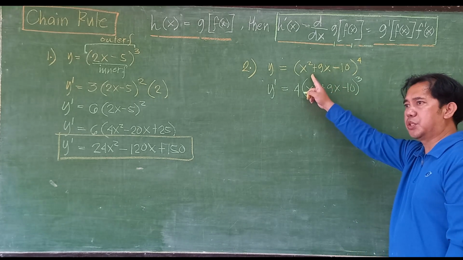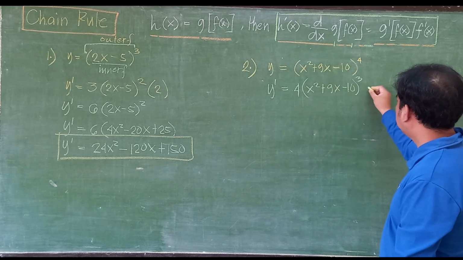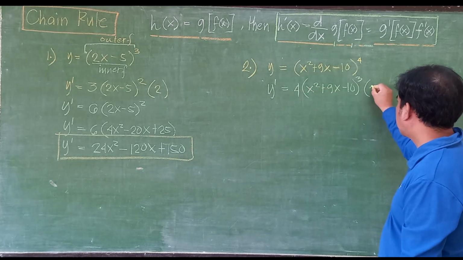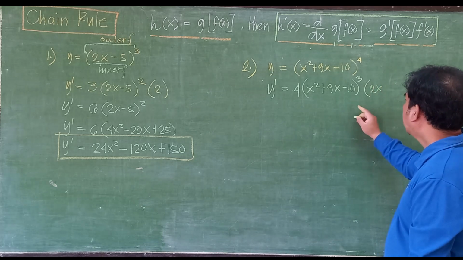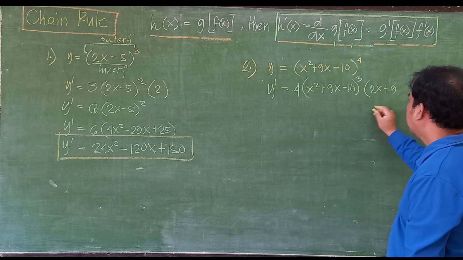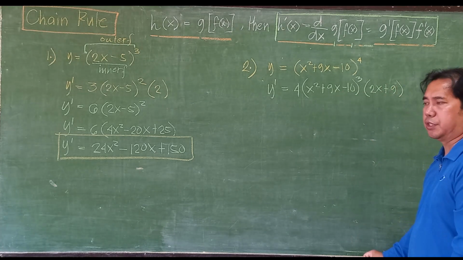Now, what would be its derivative? Multiplied by the derivative of the inner function. The derivative of x squared is 2x. What about the derivative of 9x? That is plus 9. The derivative of negative 10 is 0.